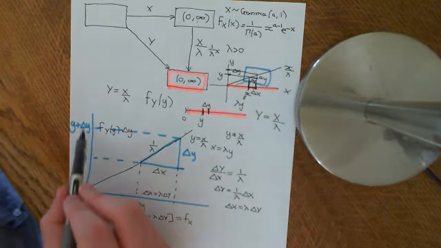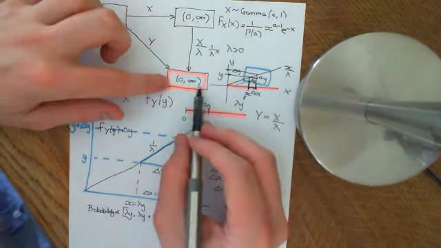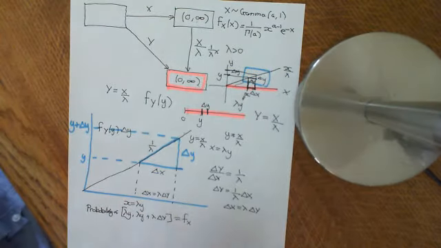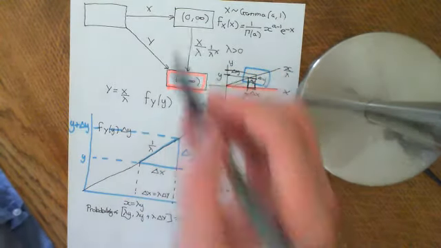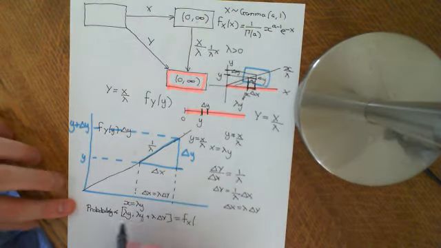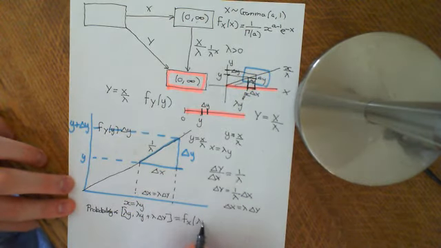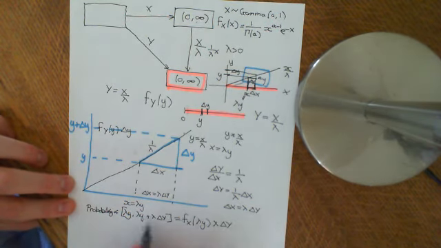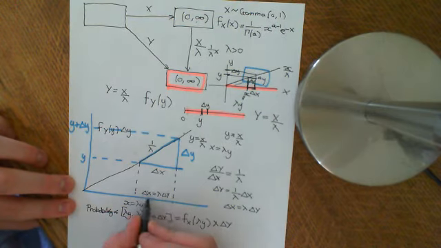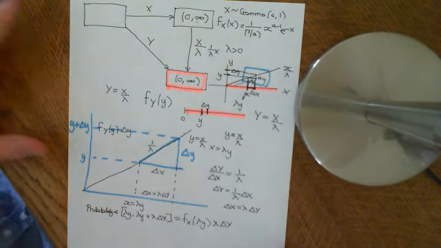We took the interval y to y plus delta y, took its inverse image, and went back to here. To get the probability of that interval, we take the probability density function evaluated at the point lambda y, and multiply it by the length of the interval, which is lambda times delta y, because delta x is equal to lambda times delta y.